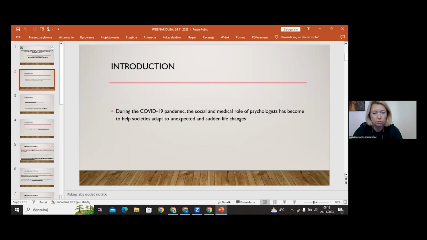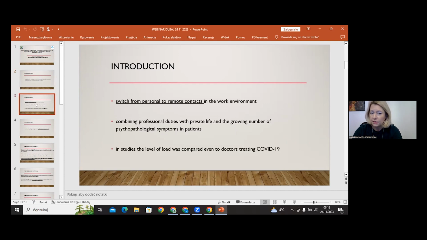Everyone probably knows the changes during the first days of the pandemic in our countries. And in Poland, as in other countries, psychologists switched from personal to remote contacts in their work, and they had to combine professional duties with private life, and of course, a growing number of psychological symptoms in patients, the old patients and the new patients.